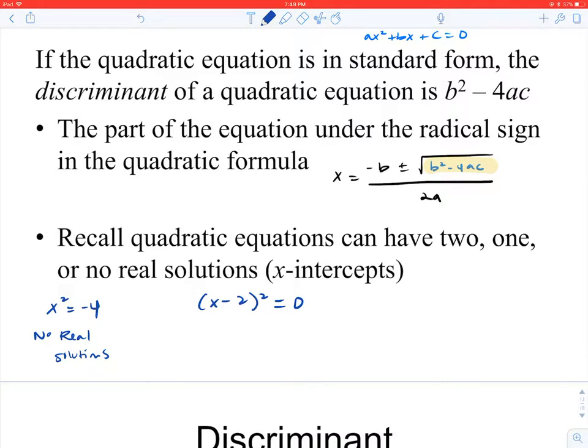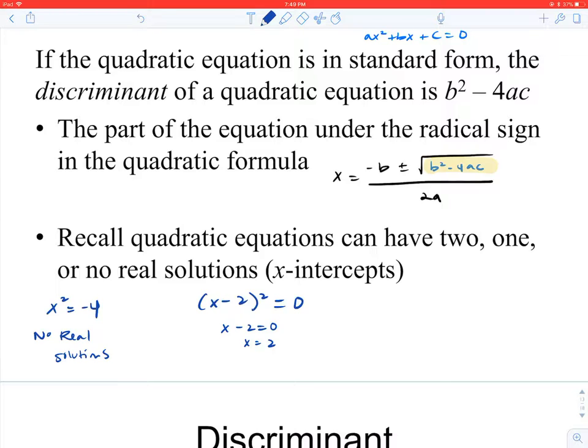Okay, if I give you the equation (x minus 2) squared equals 0, and we were to use the zero product property, that's x minus 2 times x minus 2. So really we just need to solve x minus 2 equals 0, where we get x equals 2.